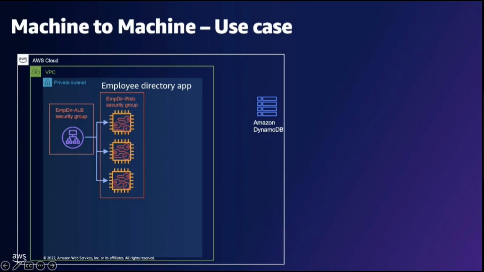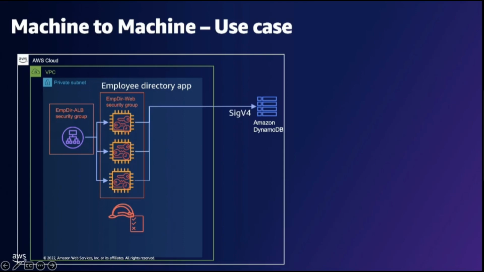Because DynamoDB sits in a public domain of the AWS cloud, we've got two options. For our employee directory app to communicate with DynamoDB, it can either traverse the internet, or we can use some sort of private connection. And for that, we're going to be using a VPC endpoint.